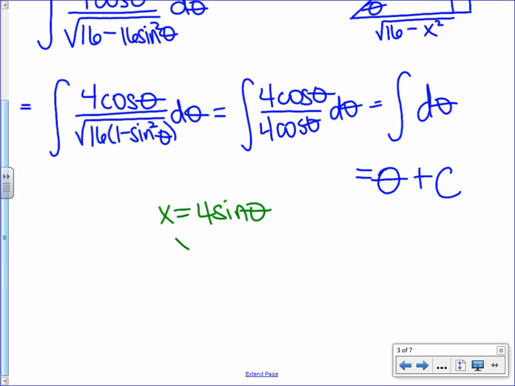So we know x over 4 is sine of theta, which means theta would need to be the inverse sine of x over 4. See how that works?